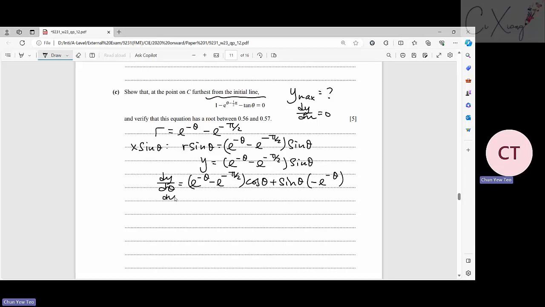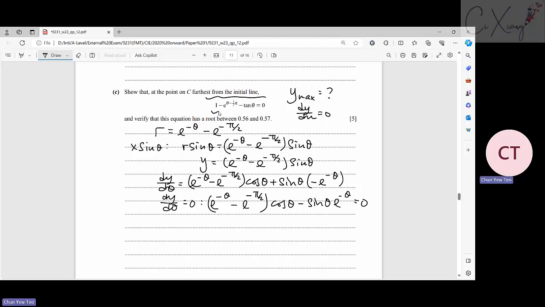And your dy d theta equal to 0 will give you e to the power of negative theta cos theta minus sine theta e to the power of negative theta equal to 0.